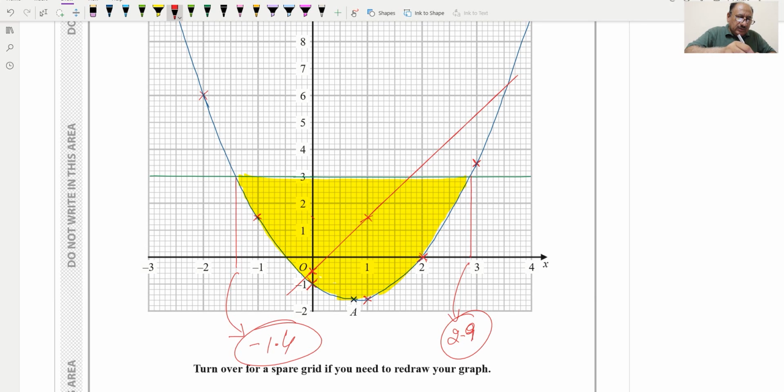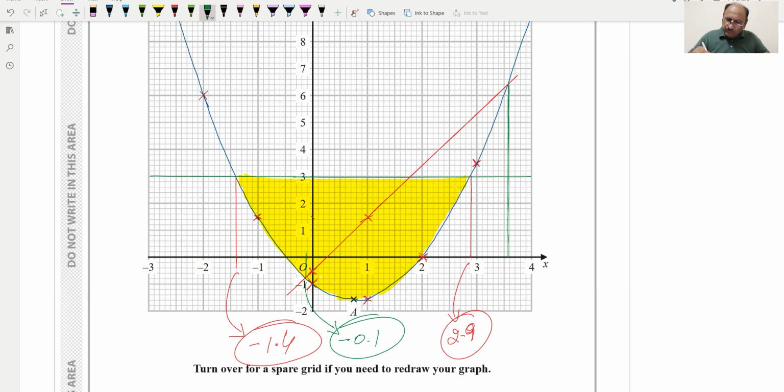Now we can take the reference point from here. You can check, this is around minus 0.1. So this point will be minus 0.1, and the other side, this point will be up to this one roughly.